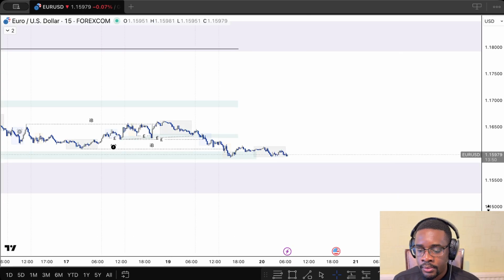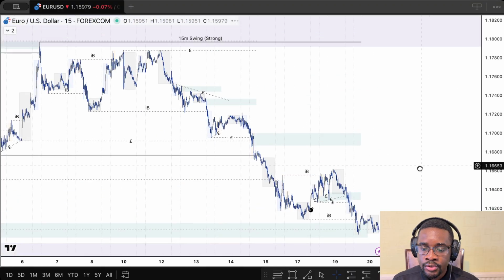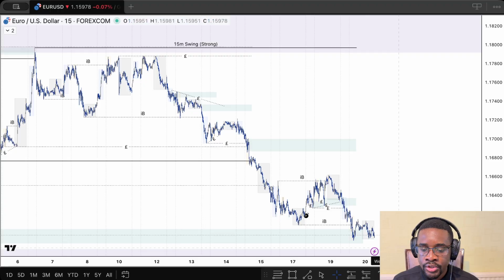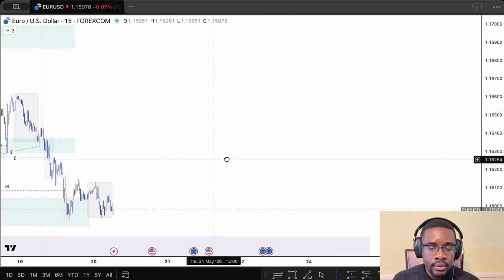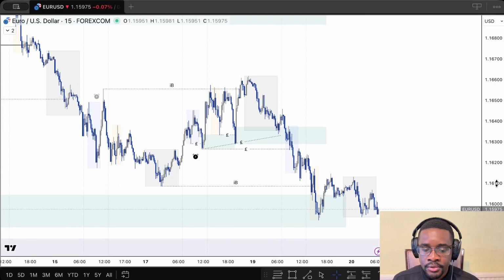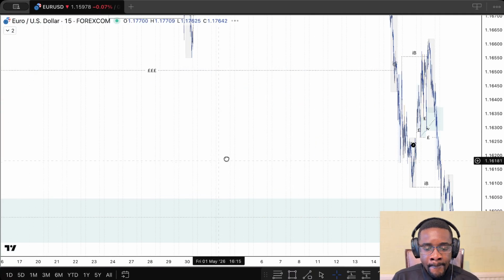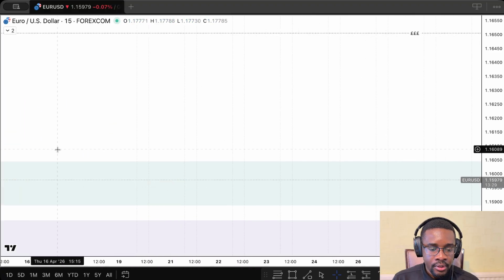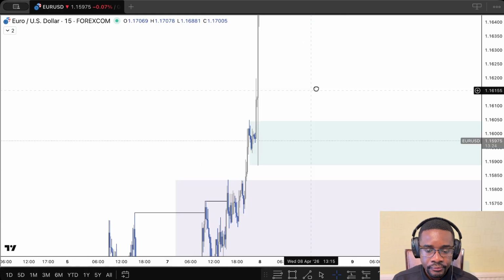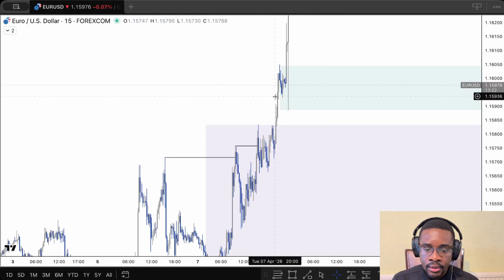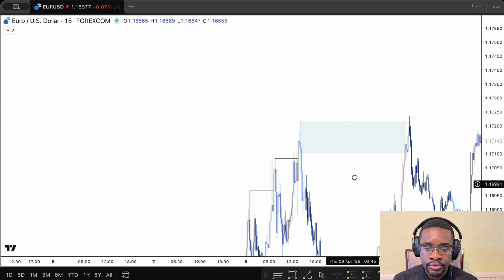So let's look at the 15 minutes. Looking at the 15-minute swing, this is a swing range. Looking at current price action, I had this area marked, this POI, and it had a sweep, and then price had an aggressive push up, and then eventually we had a break of structure.